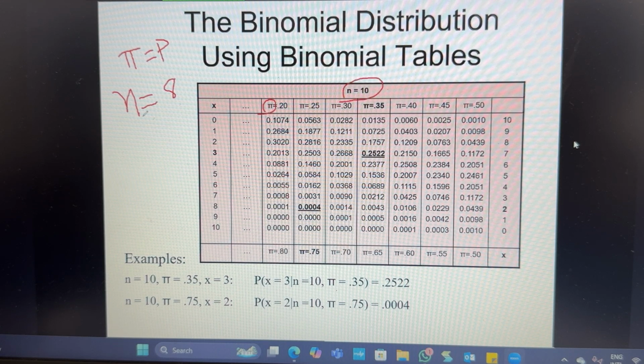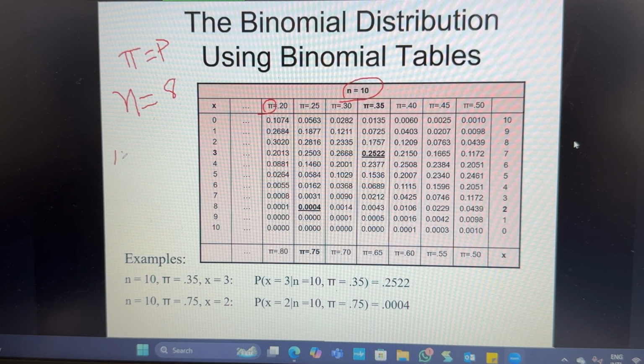So if you are using pi, they may use 1 minus pi in your formula, whereas earlier we used p in the formula, so 1 minus p. I purposely gave this because when you read different books, they might use this.